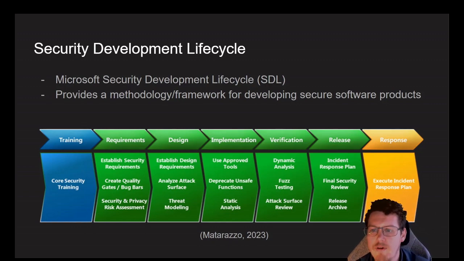We've also got a security review and the creation of a release archive. The security review is just an overall final review of the security of the system. And for the release archive, we're essentially just keeping a version of the software that we've released in an archive or repository, so that we have a copy of the exact system that we released at that time. Keeping archives helps in future. Some software companies have different versions of their systems for different clients or companies.